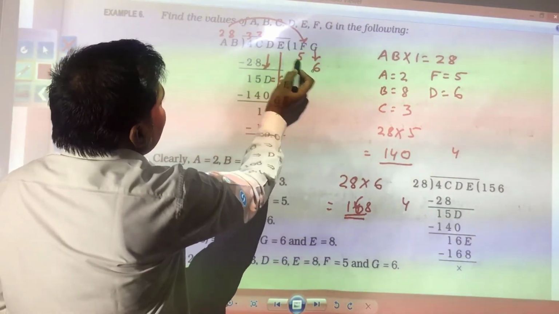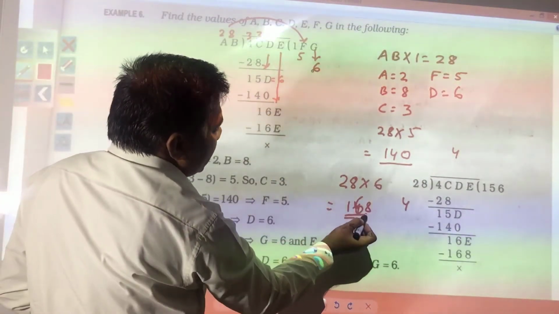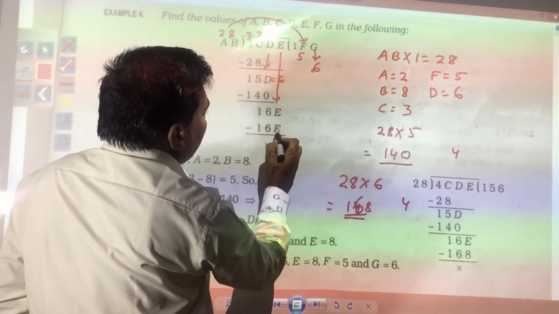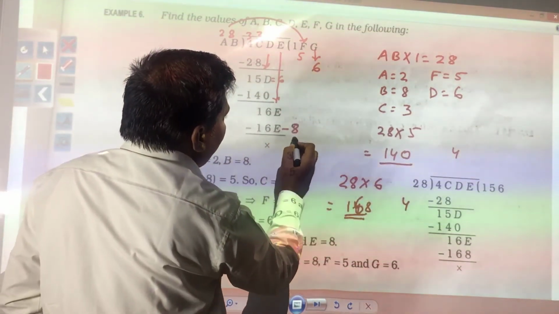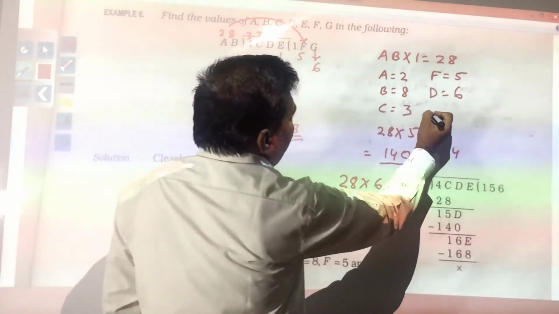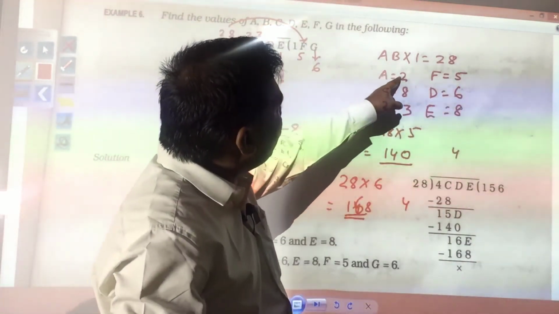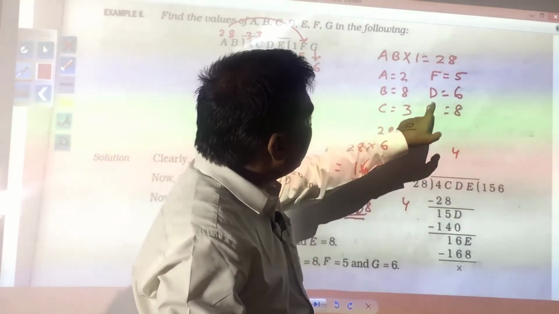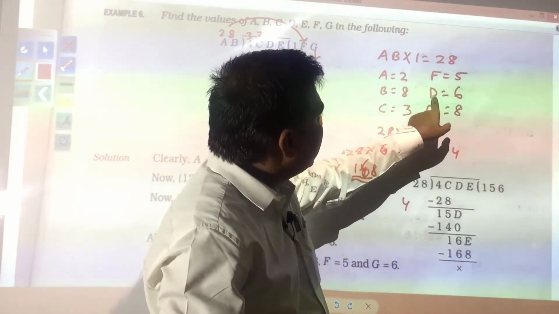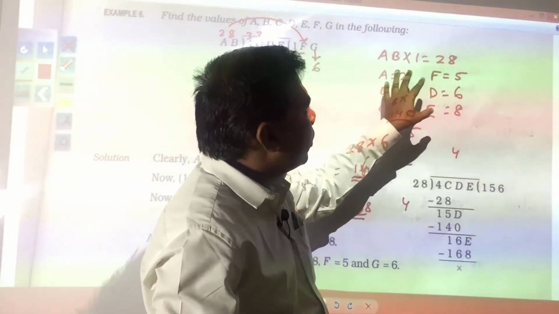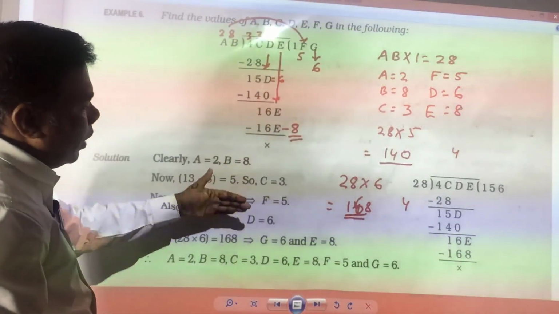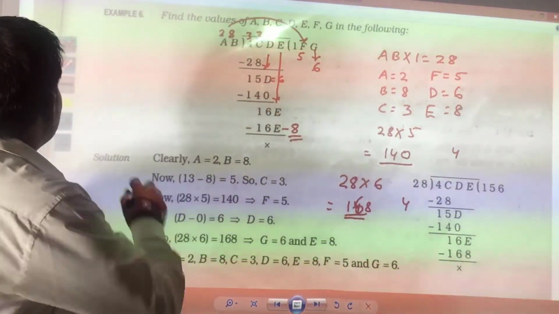If 6 times you are multiplying, you are getting 168. It means in place of E you need to have 8. So, finally, you have got E is equal to 8. So, just you see A is equal to 2, B is equal to 8, C is equal to 3, E is equal to 8 and D is equal to 6 and F is equal to 5 you have got. So, in this way this is required to be done and should be found out.